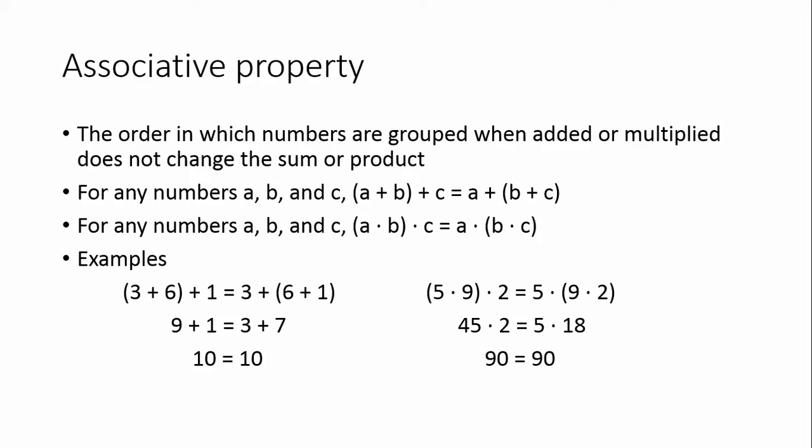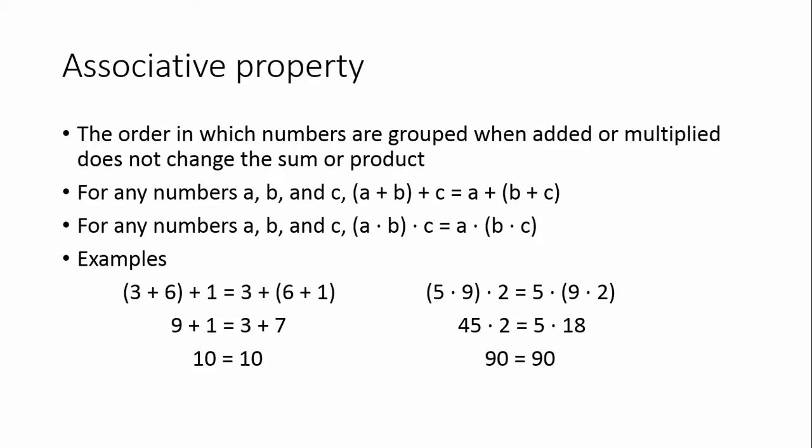Same with multiplication, a times b then times c, or b times c then times a. And you can see in the 2 examples, 3 plus 6 plus 1, grouping the 3 and the 6 gives you 9 plus 1 or 10. But over on the right, grouping the 6 and the 1, 6 plus 1 is 7, 3 plus 7 is still 10. So you do get a true equation there.